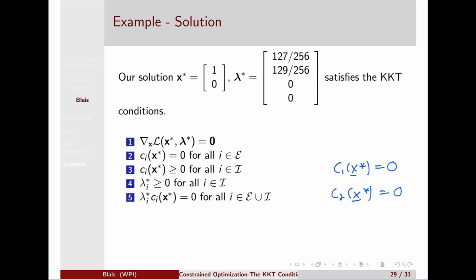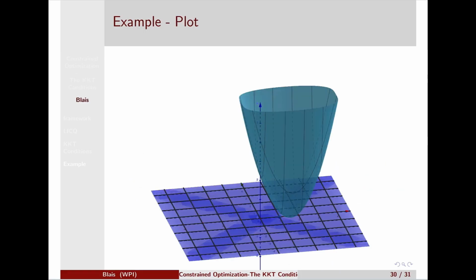So we do see that these conditions are all satisfied, and this gives us a confirmation that it was, in fact, at this point here, which was (1, 0) in the x1, x2 plane. If we look up from there, whatever that function value is here is the lowest point.